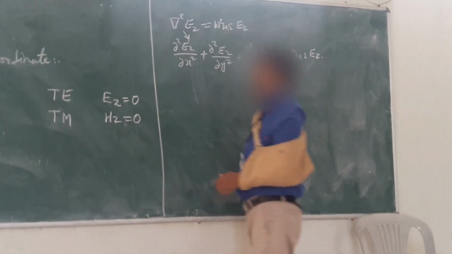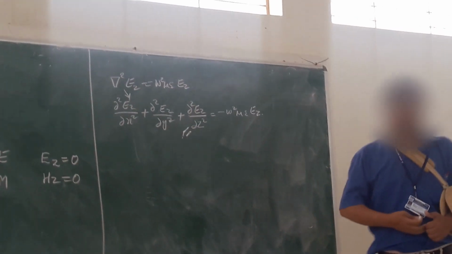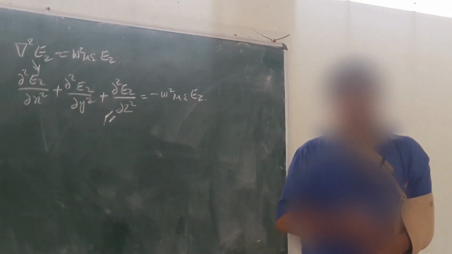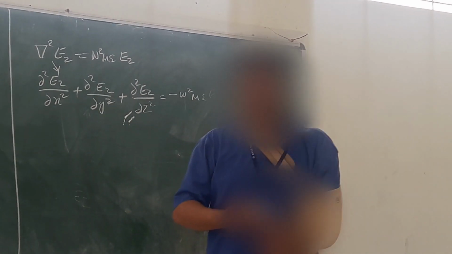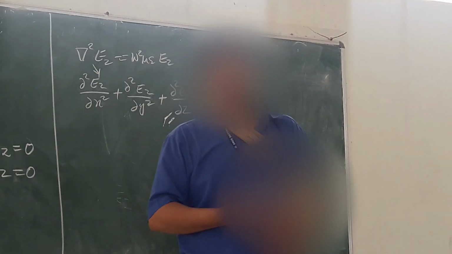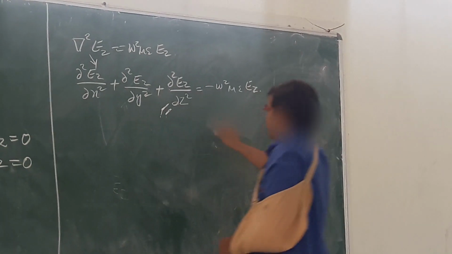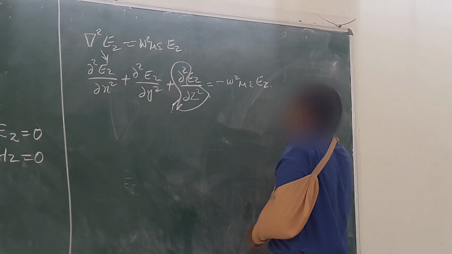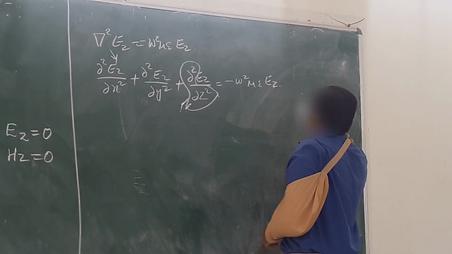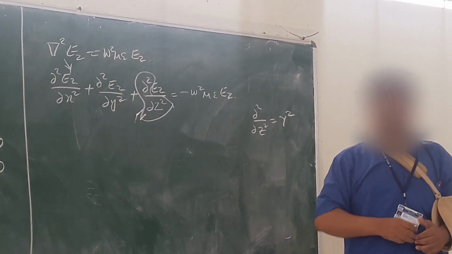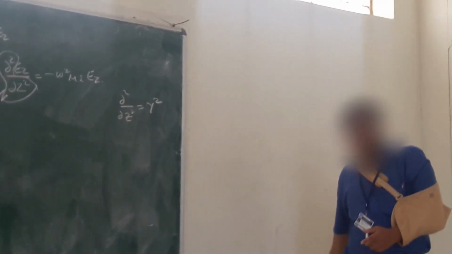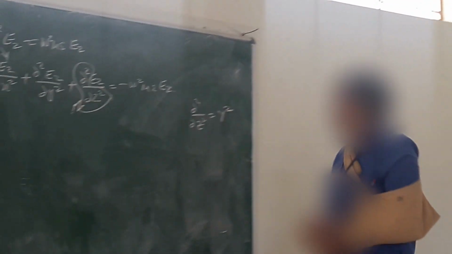We are doing the expansion of the left-hand side. As you know that the wave is propagating in the z direction, we can replace this term with the propagation constant, because the direction of propagation is along the z-axis.